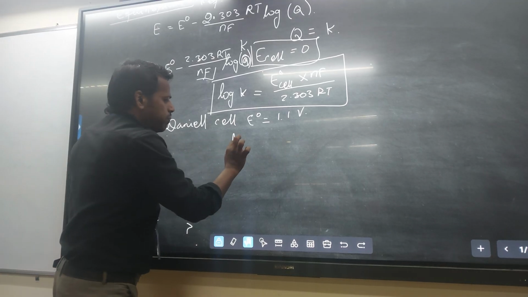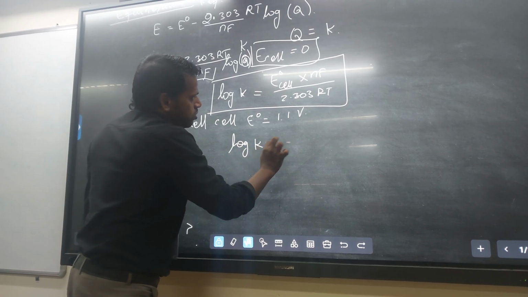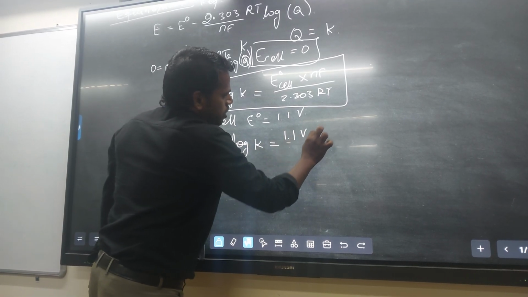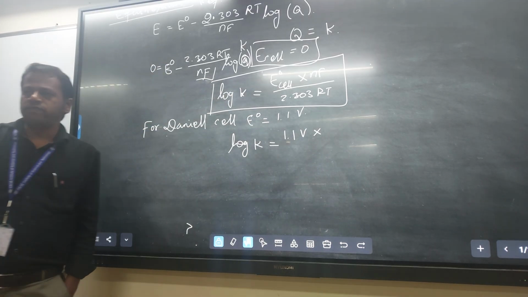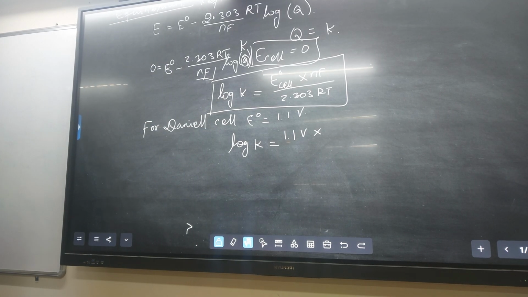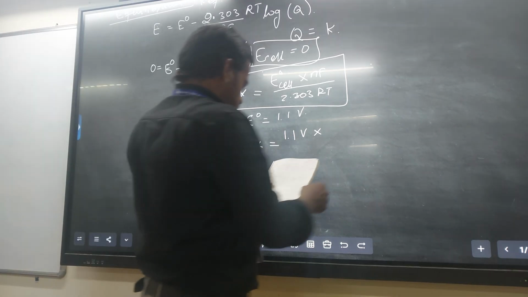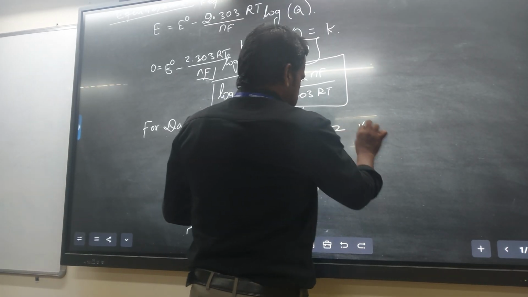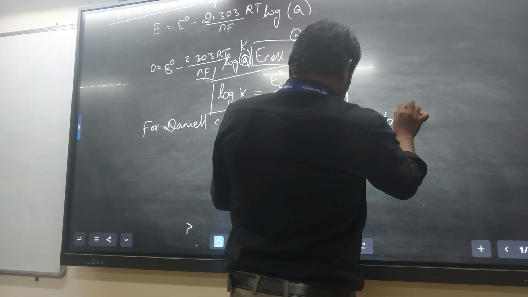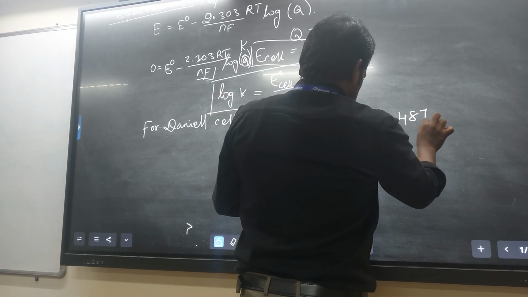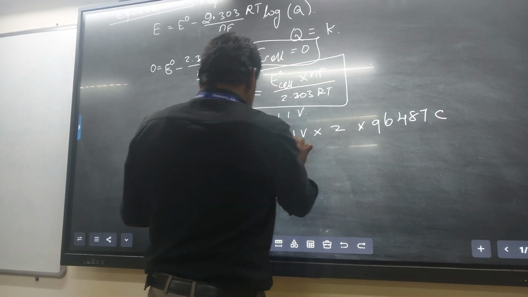So log K equals 1.1 volt into, you substitute all the values. N value is 2. You substitute here 2 and here 96,487, otherwise approximately 96,500.